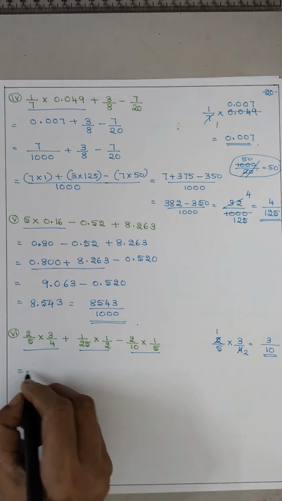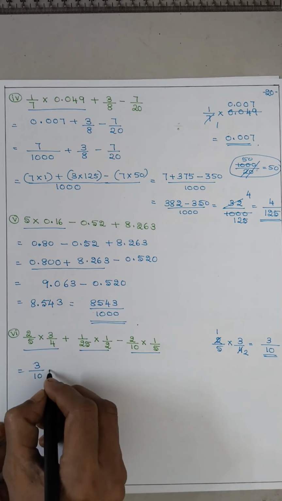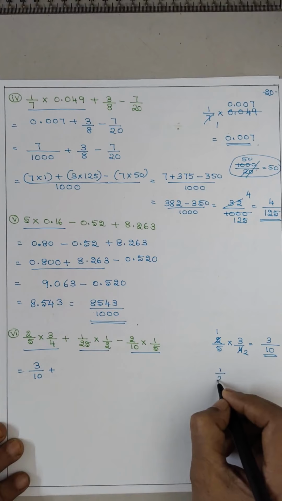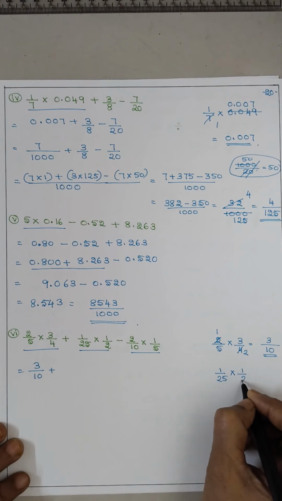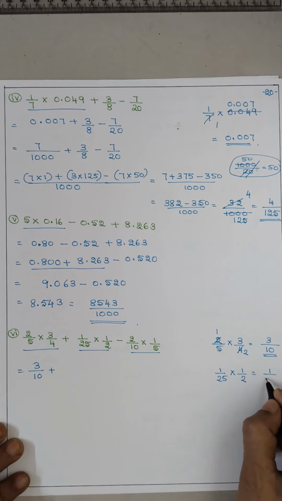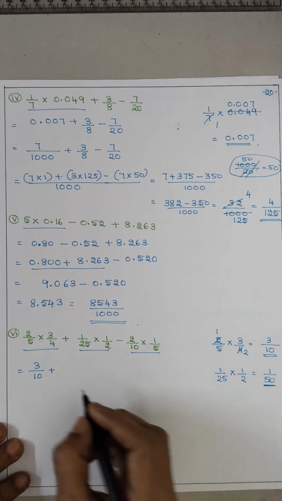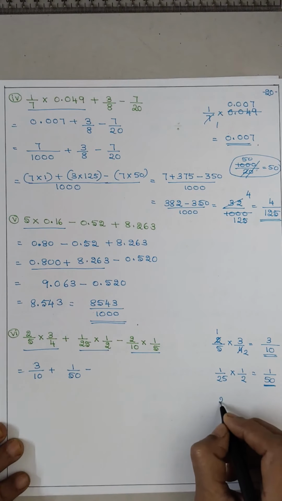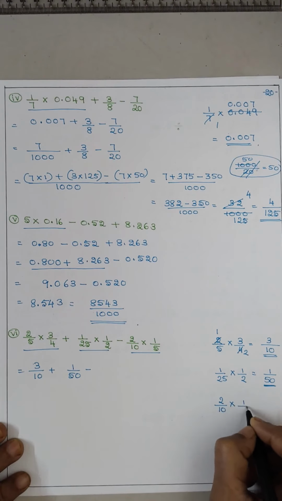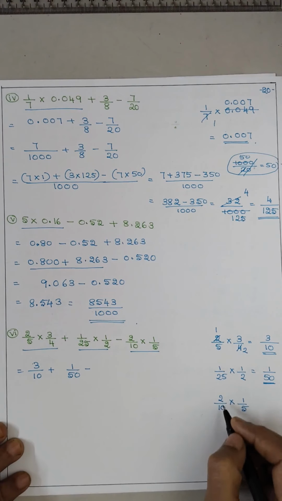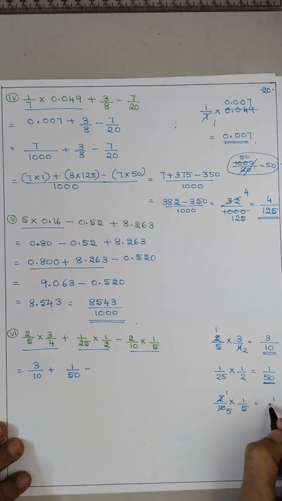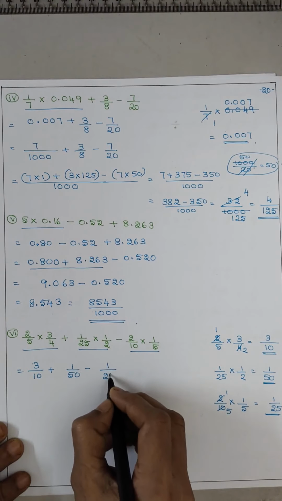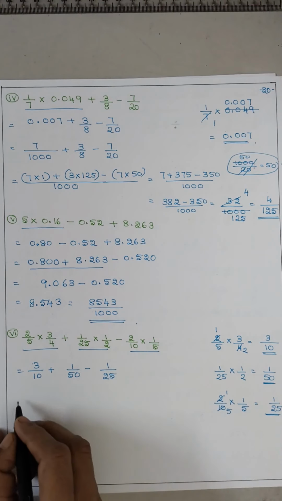So you got here 3 by 10 plus 1 by 25 into 1 by 2. Cancellation is not there, so it is 1 by 50 minus 2 by 10 and 1 by 5. Here cancellation is there, 2 1s are, 2 5s are, 5 5s are 25. So 1 by 25.